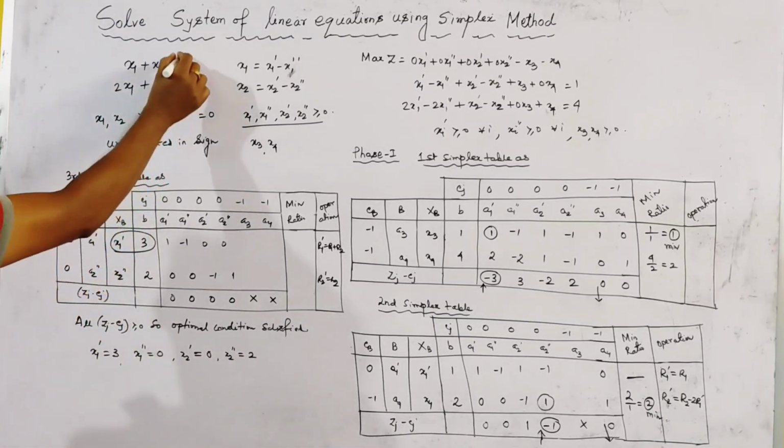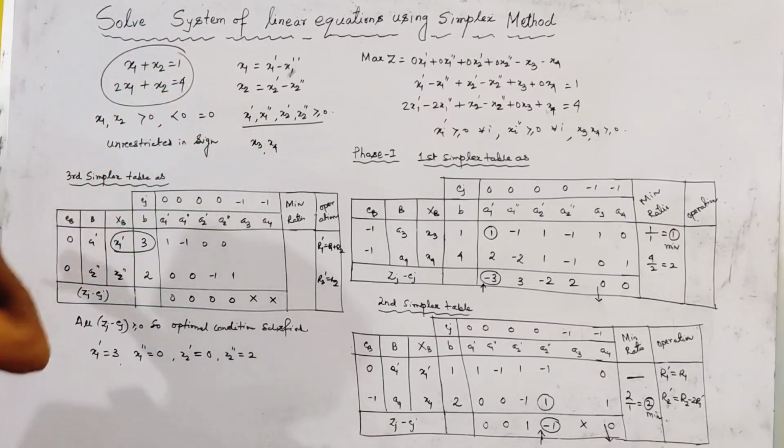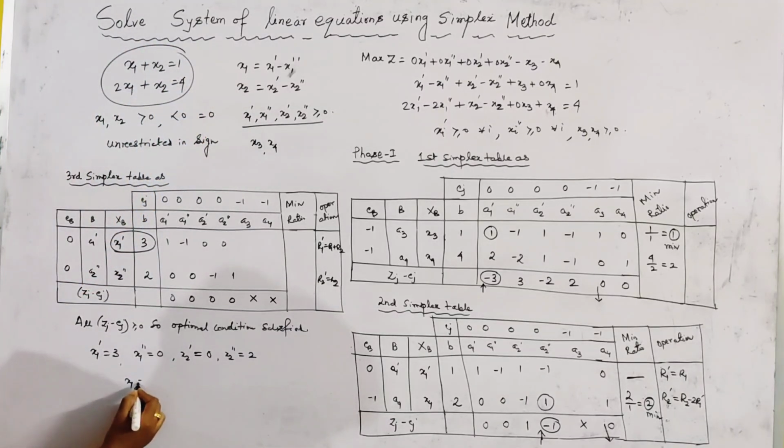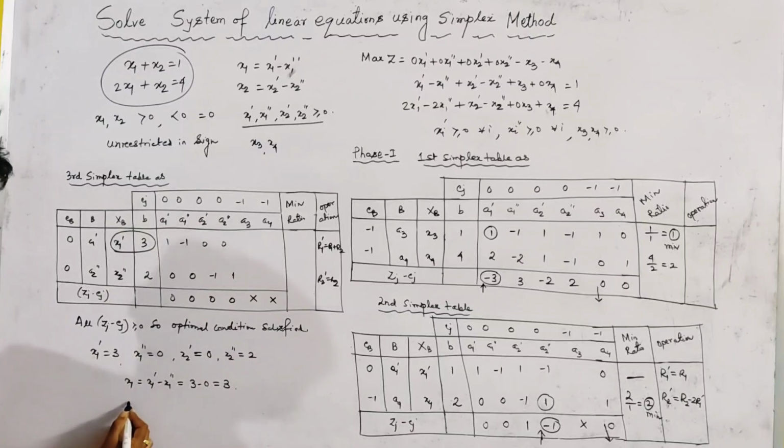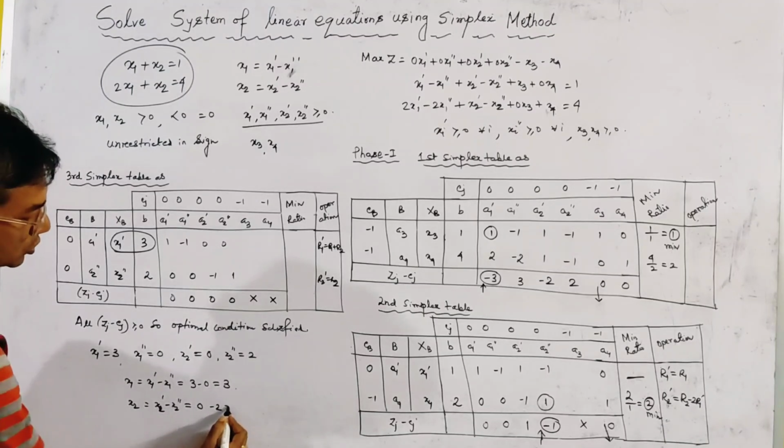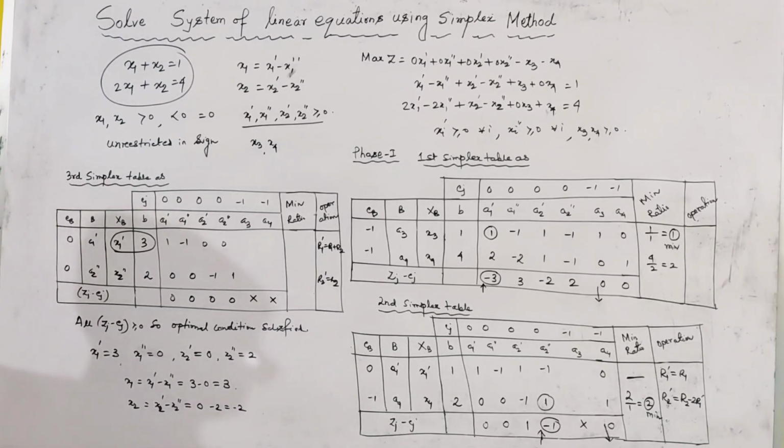Now the solution of the original system is given by x1 equal to x1 dash minus x1 double dash, so this is 3 minus 0, so this is 3, and x2 is given by x2 dash minus x2 double dash, this is 0 minus 2, so this is minus 2, right?